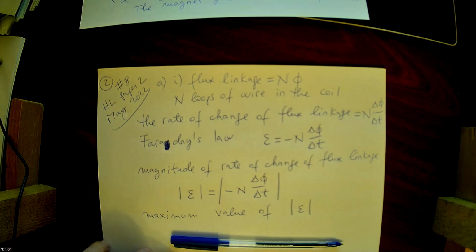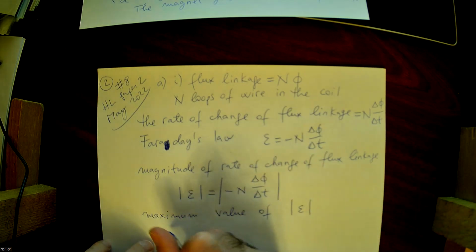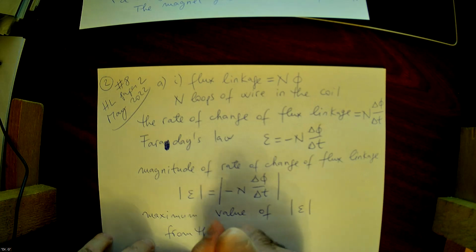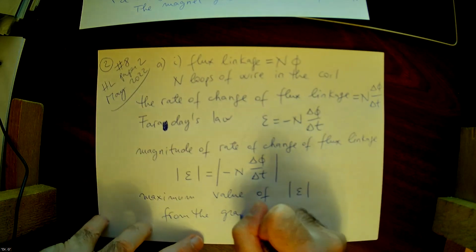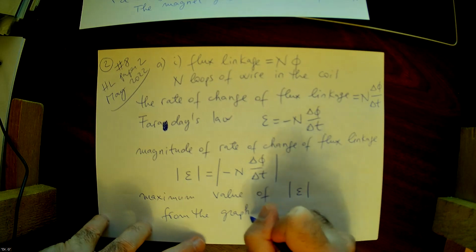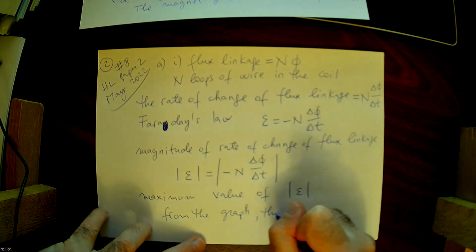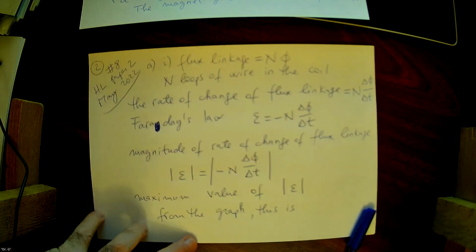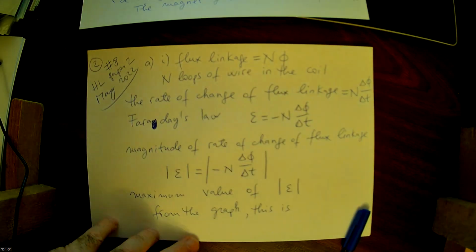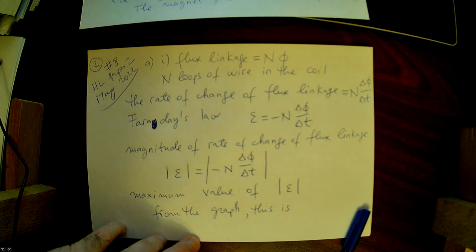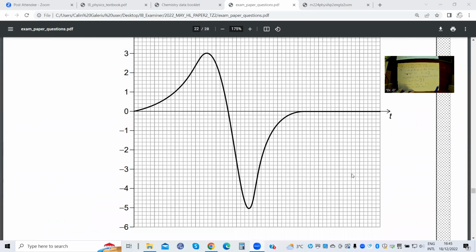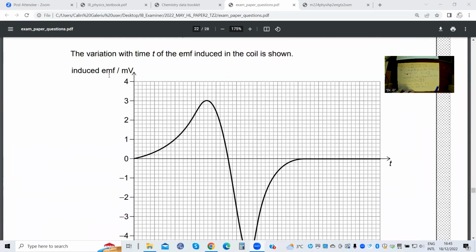So now I have to look at the graph. From the graph, let's take a look at the graph. Okay, so this is the EMF E, and I want the maximum value of the absolute value of this.